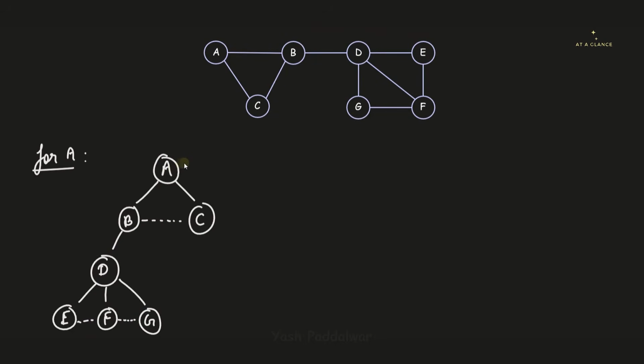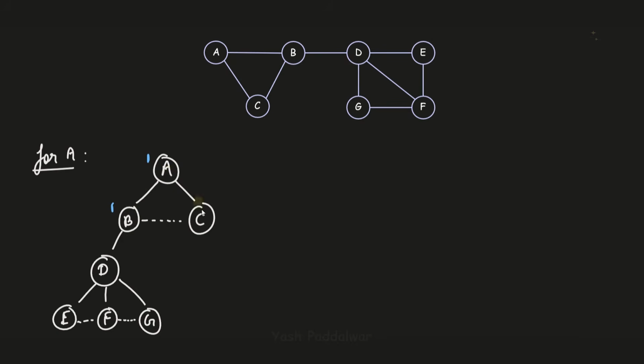Now the next step is to calculate the weights of each and every node. This weight is nothing but the total number of shortest paths from the root node to reach that particular node. For reaching A from root node A, there is only one shortest path. For reaching B from root node A, there is only one path, that is AB.